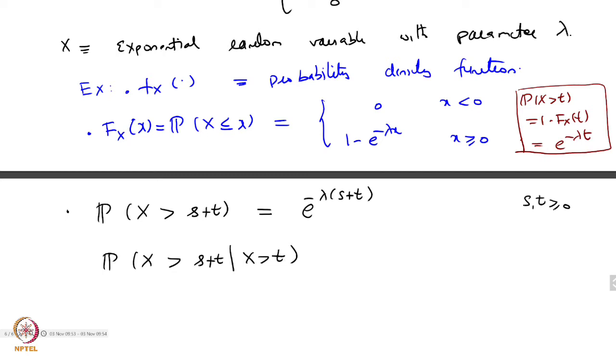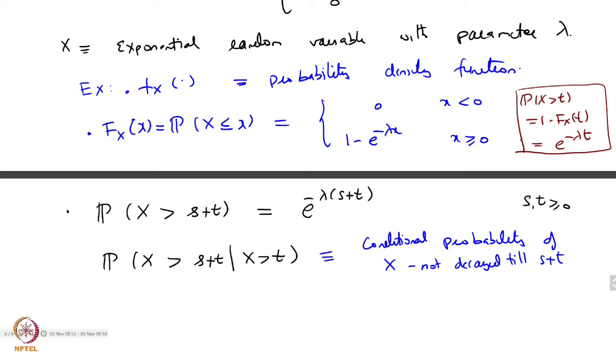Before I do the calculation, what does this mean intuitively? This means I want the conditional probability that x has not decayed till s plus t, given x has not decayed till t.